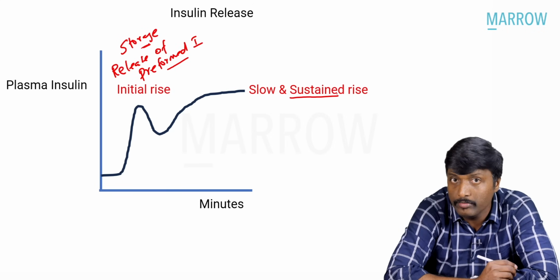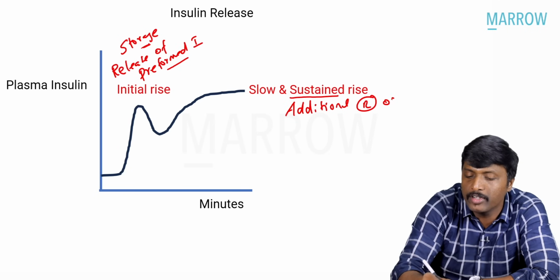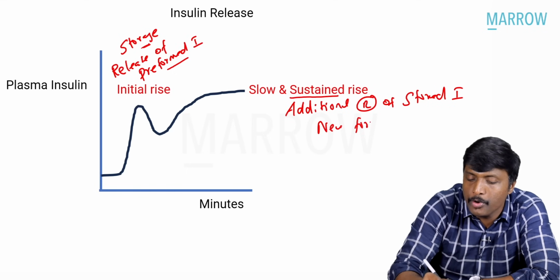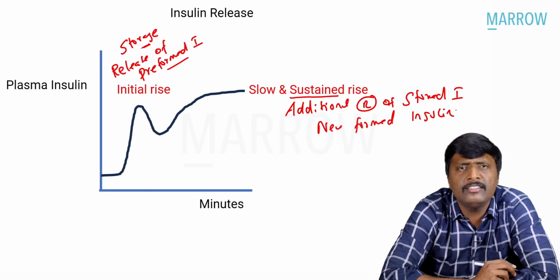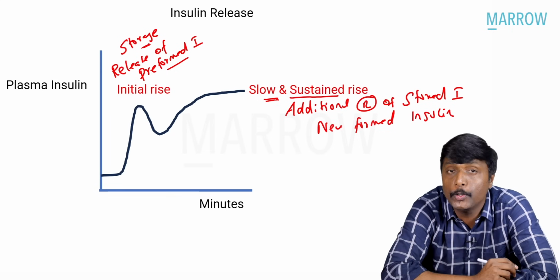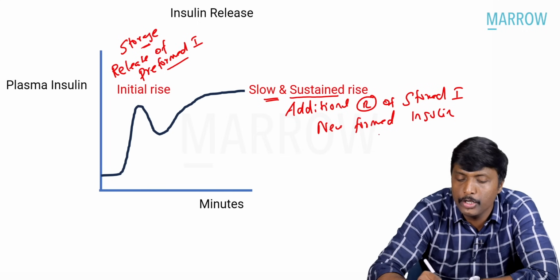Remember, it is due to additional release of stored insulin and also newly formed insulin. Insulin synthesis takes some time. That is why the later rise is slow and sustained. Still some additional stored insulin is released, along with that newly formed insulin.